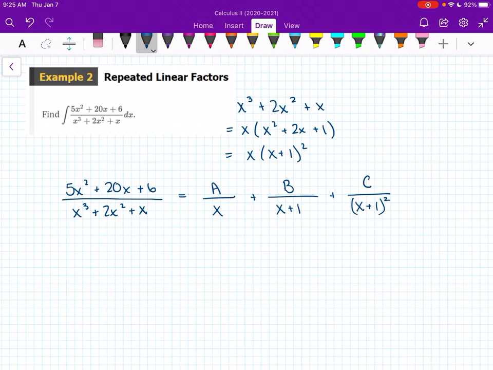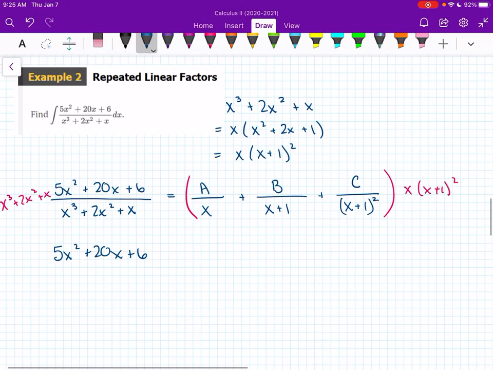So I'm going to go ahead and multiply both sides by that x cubed plus 2x squared plus x, which is the same thing as x times x plus 1 squared. So then after I multiply, here it cancels. So 5x squared plus 20x plus 6. And on this side, I'm going to get a times x plus 1 squared plus bx times x plus 1 plus cx.